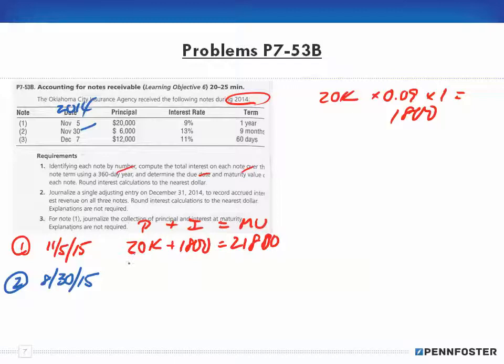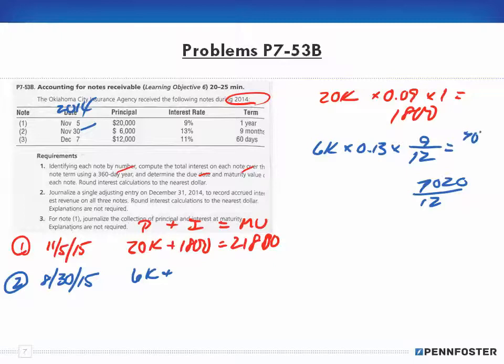So our principal is 6,000, and let's calculate our interest: 6,000 times 0.13 times 9 over 12, 9 months over 12. 6,000 times 0.13 times 9 is 7,020, and that's over 12.